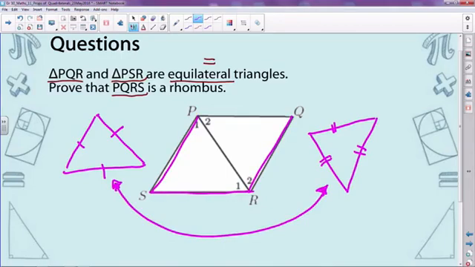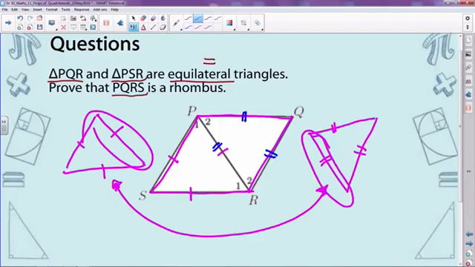Now originally we said that this side was equal to this side, which was equal to this side. But we also said that this side was equal to this side, which was equal to this side. So what does that mean about the measurements of this side and this side? They are the same, they are equal, which makes us happy because it's easy to solve.